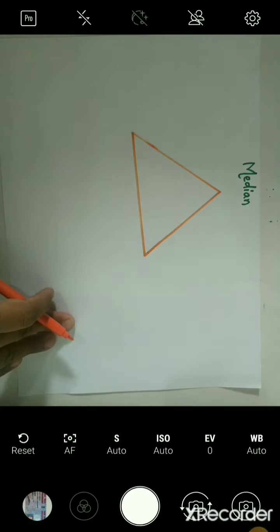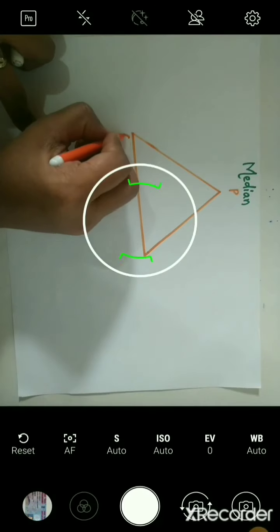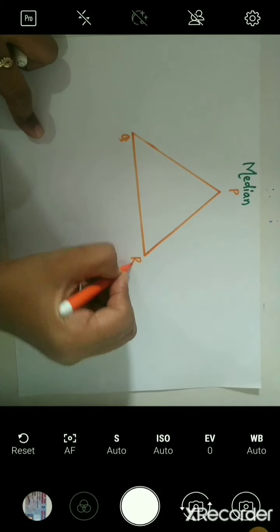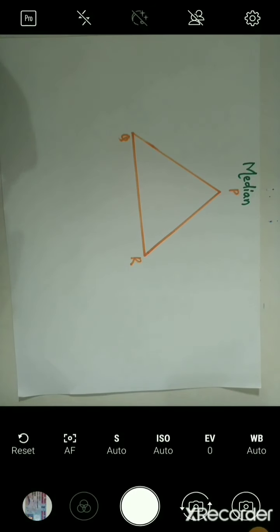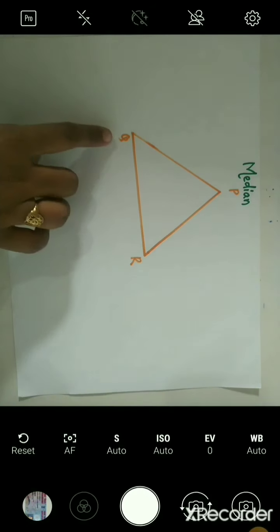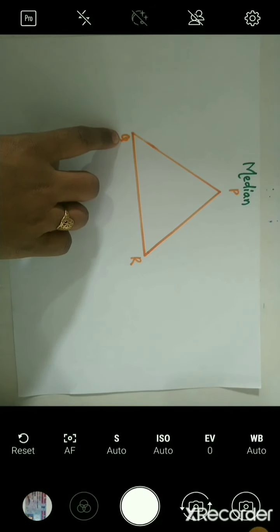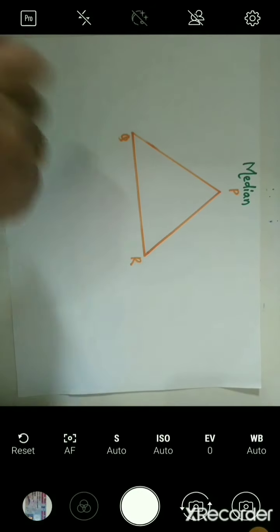Here I have drawn a triangle. I will name it P, Q, R. I have to draw median of this triangle for all the three sides. So first I'll start with side QR. Okay. So to construct the median, first I need to find out the midpoint.